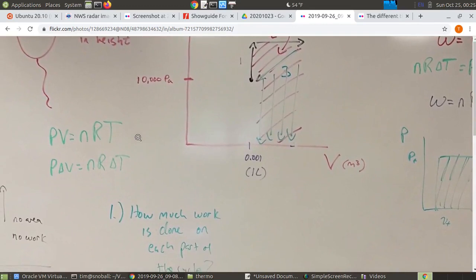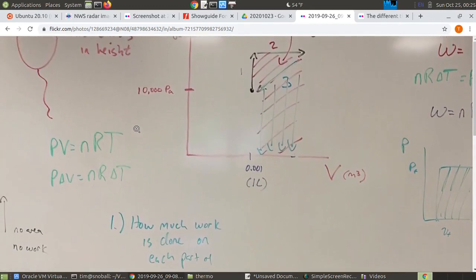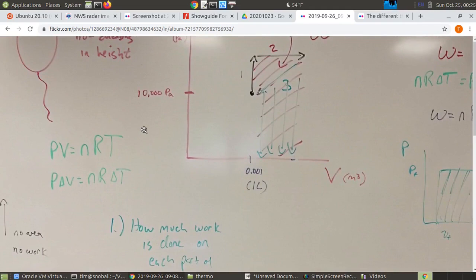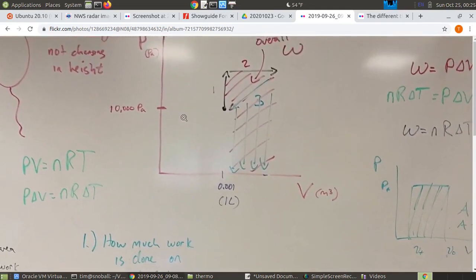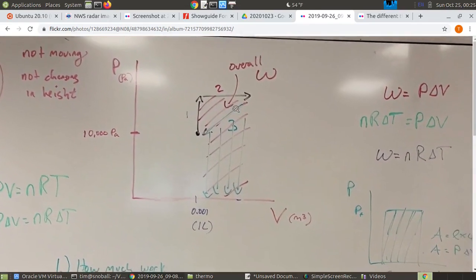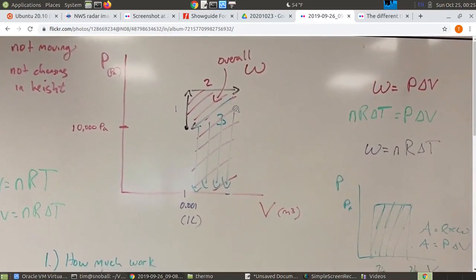So that's how we can figure out what's going on with heat, even though the graph doesn't directly tell us anything other than work. Any two processes that start at one point and end at a different point, doesn't matter what path they take to get there, they will have the same change in internal energy.